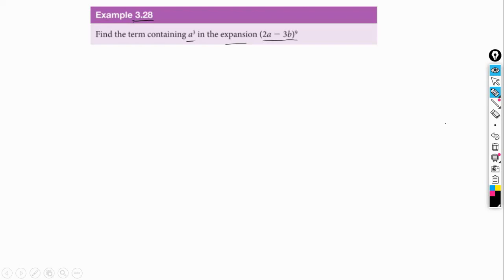Remember that in general we said that x plus y to the n is equal to the sum from i equals 0 to n of the combination of n over i times x to the power of n minus i times y to the i. So that was in general.